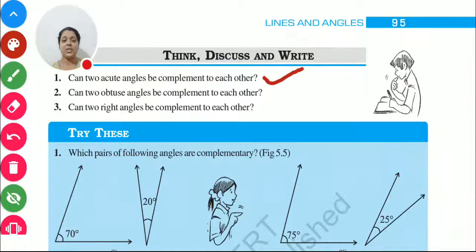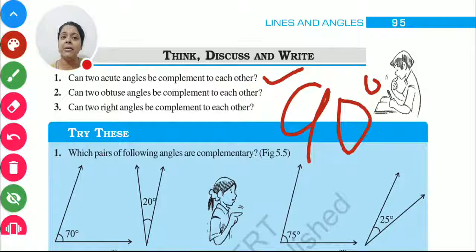Now the second question, think: can two obtuse angles be complementary to each other? Remember, we are talking about complementary angles, and a complementary angle is supposed to be 90 degrees only, right? Is it ever possible that two obtuse angles, which are already more than 90 degrees, can form 90 degrees?